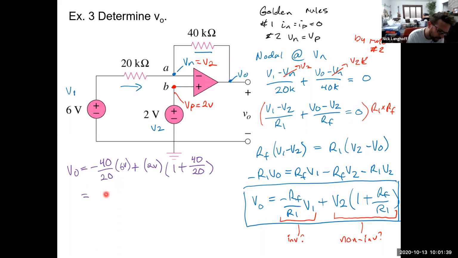So that's negative 2 times 6 plus 2 times 3. So we're getting negative 12 volts plus 6 volts. The whole thing then is V out equals negative 6 volts.